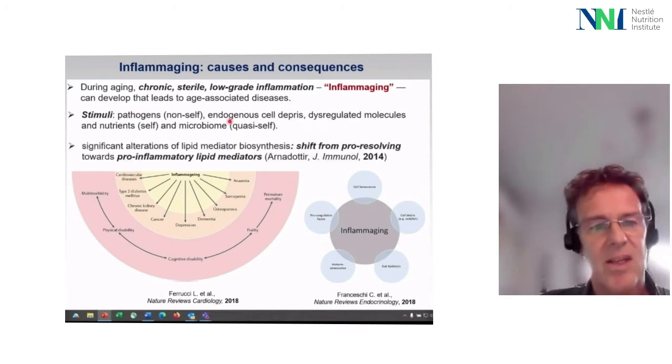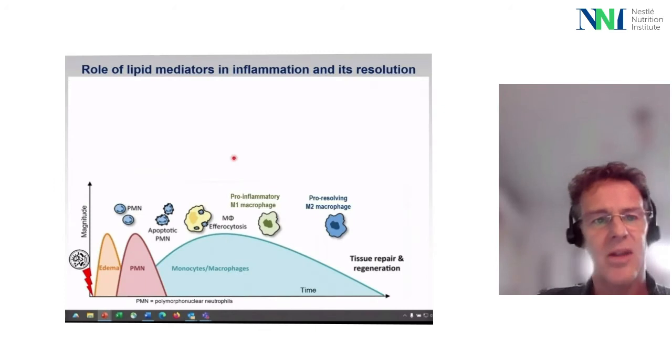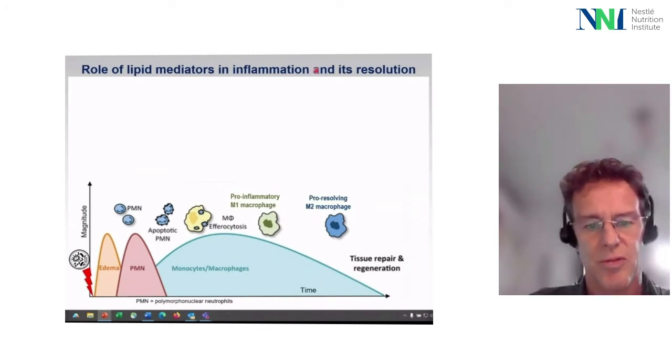What is also evident is that there is a disbalance of lipid mediators, shifting from pro-resolving towards pro-inflammatory mediators. And these lipid mediators are well known to regulate inflammation, as I mentioned before.